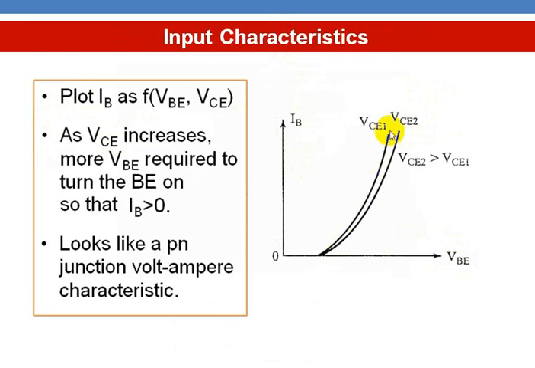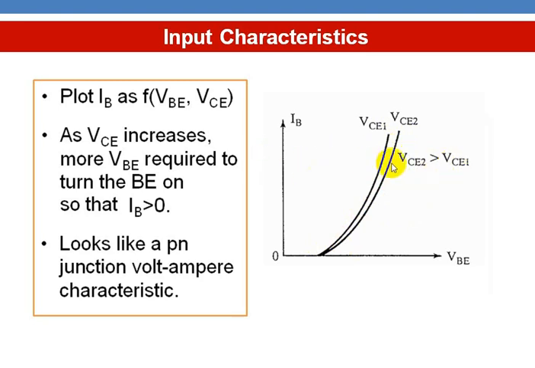This curve more or less looks similar to the forward characteristics of a diode. Here, when the voltage reaches the cut-in voltage, the device starts conducting current. There are two curves here, one for VCE1 and another for VCE2. VCE is nothing but the collector to emitter voltage. Here VCE2 is greater than VCE1.